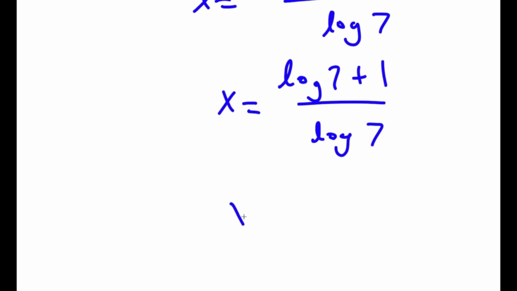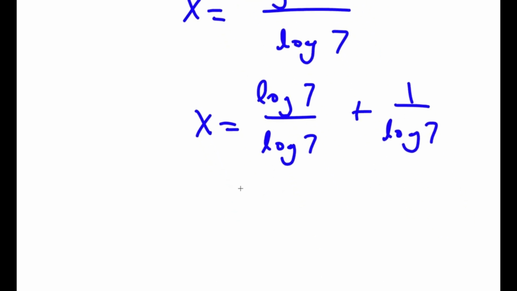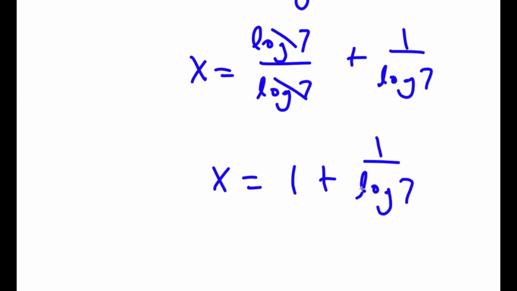Now this can simply be written as log 7 over log 7 plus 1 over log 7. And log 7 over log 7, these two cancel out. So I'm left with x is equal to 1 plus 1 over log 7. Now, to get the value of log 7, you can actually use a calculator.